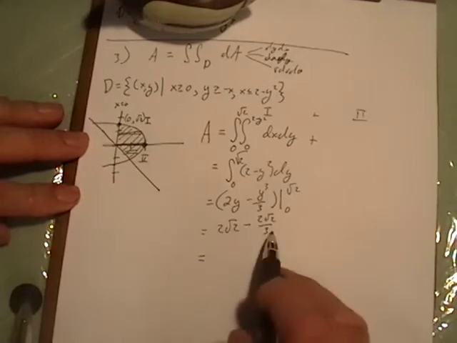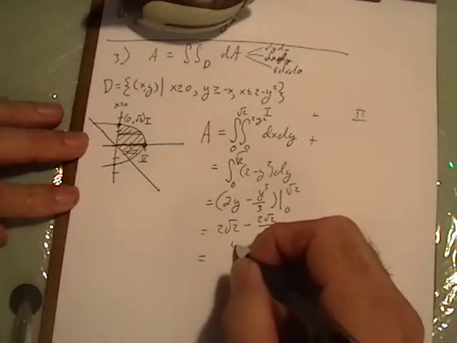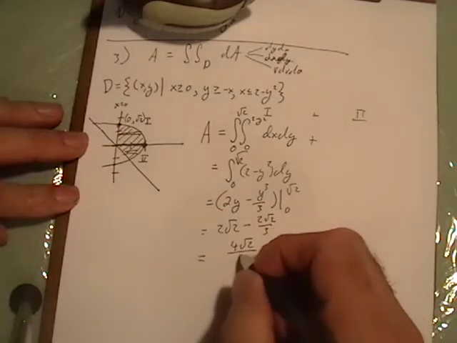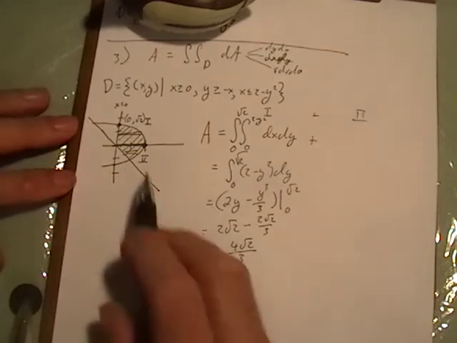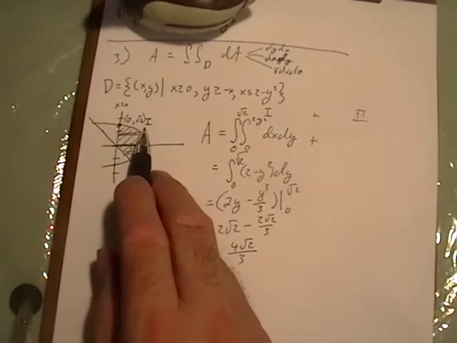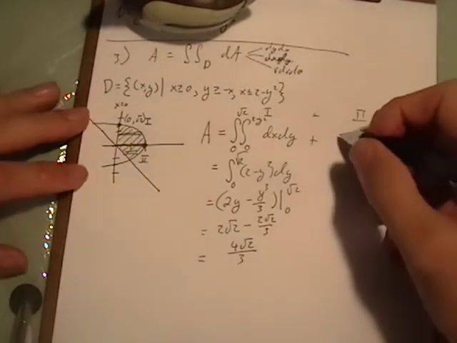If I get a common denominator, I'd have 6 root 2 minus 2 root 2, so that would be 4 root 2 over 3. Now I've done half of the problem. I've figured out what area 1 is. Let's move on and find area 2.